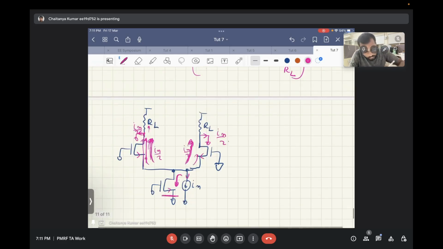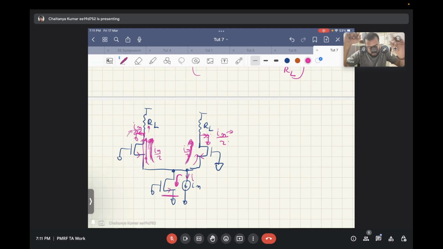Now, previously, the noise power in this branch was 4 kT by RL. The noise power in the other branch was 4 kT by RL. And since those two noise powers were being generated by two different sources, they were uncorrelated to each other. But in this case, the same noise source is being split into two, and the noise here is IN by 2 and the noise here is IN by 2.